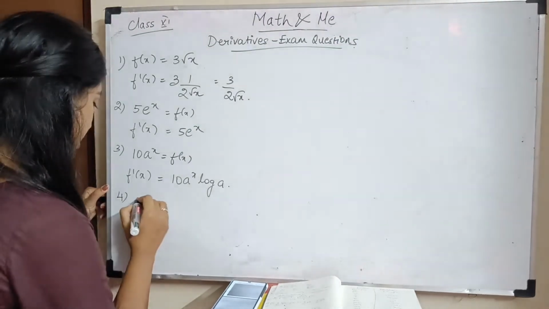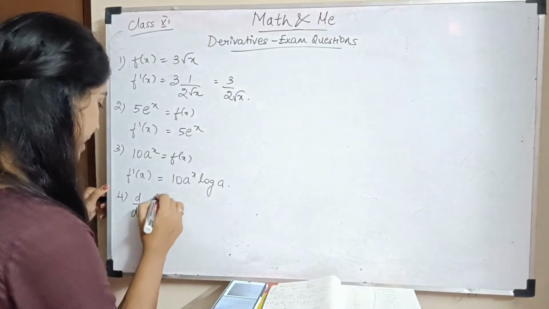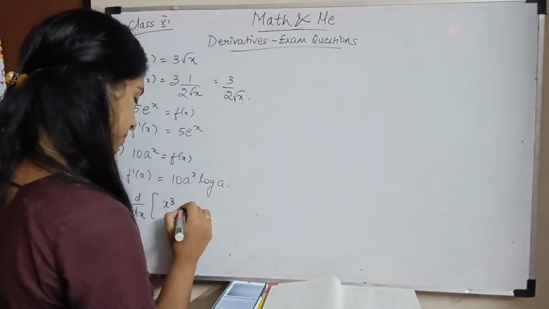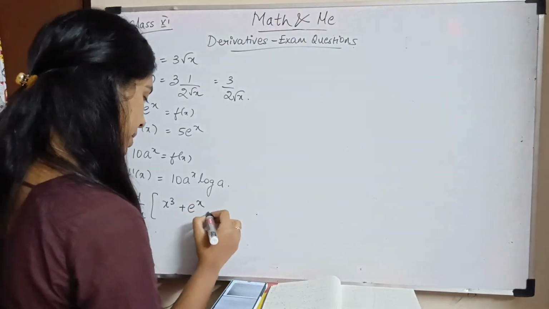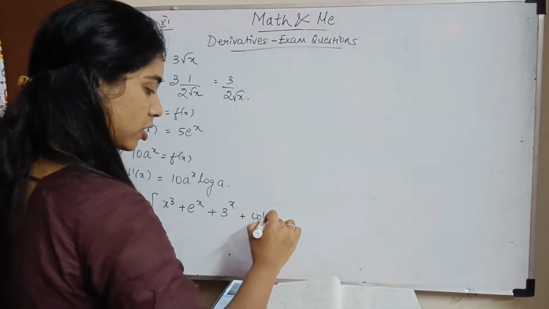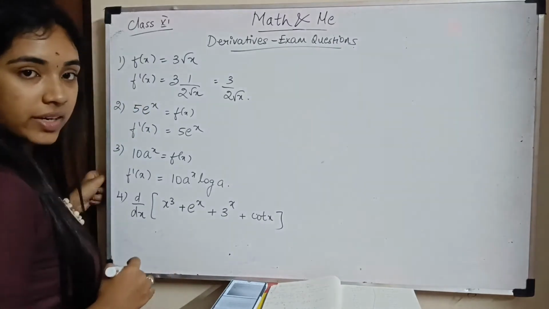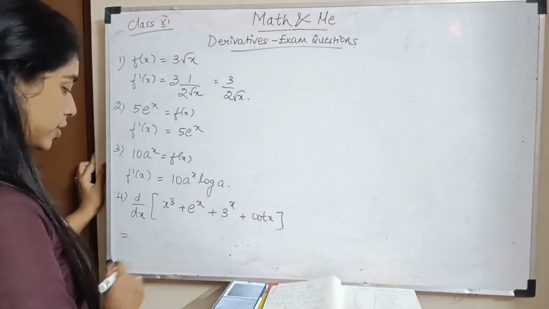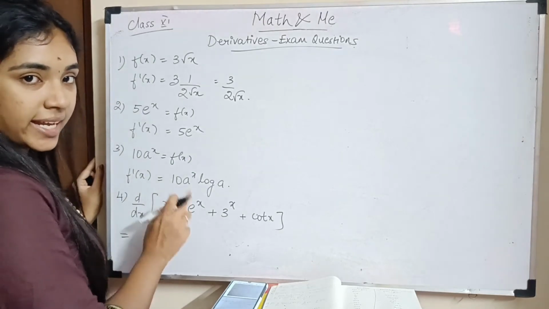Next question. D by dx of x cube plus e to the x plus 3 to the x plus cot x. இதோட டெரிவேட்டிவ் எப்படி கண்டுபிடிக்கிறது? ஒரு டேர்மோட டெரிவேட்டிவ் எழுதிட்டே வர வேண்டியதான். So you have x கியூபுக்கு என்ன? nx to the n minus 1.